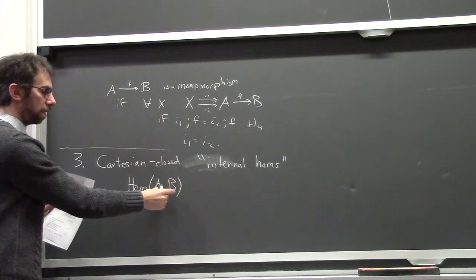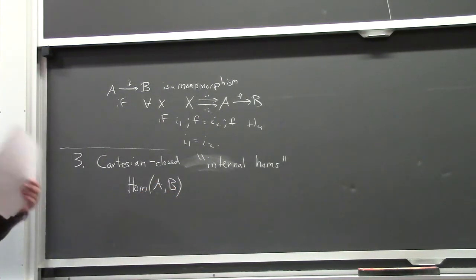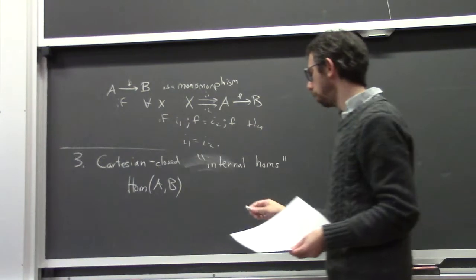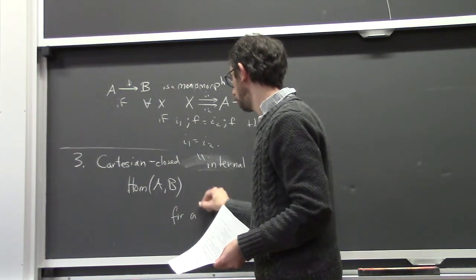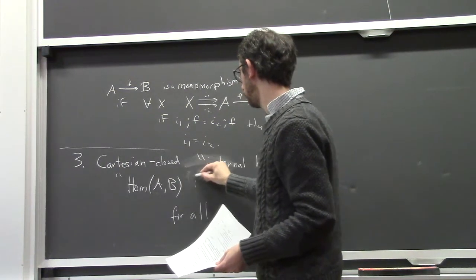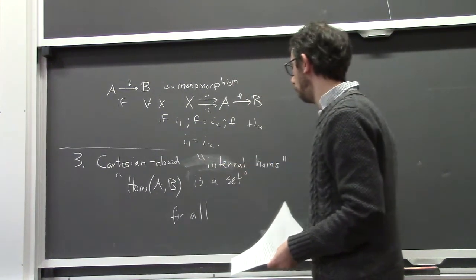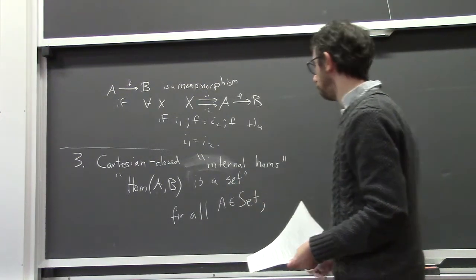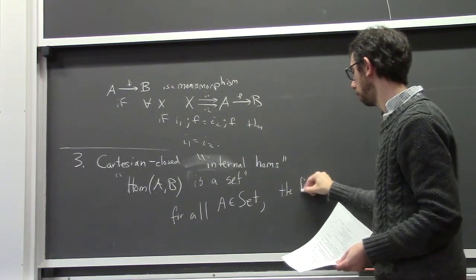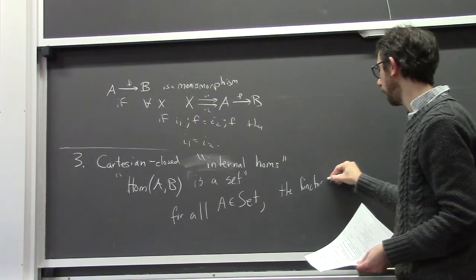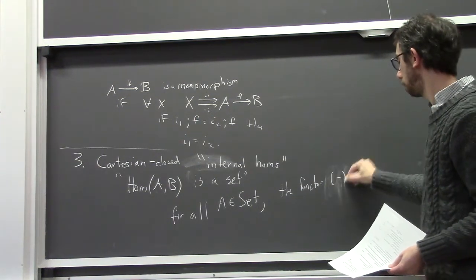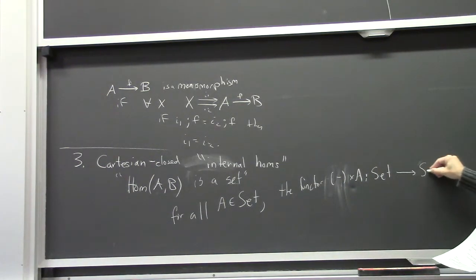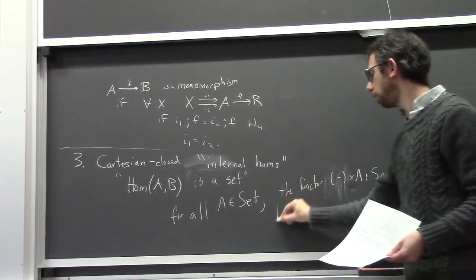So in sets, there's a set of functions from A to B. If we wanted to write the nice version of it, what we would say is that for all A in our topos, the functor blank times A, taking a set X to X times A, has a right adjoint.